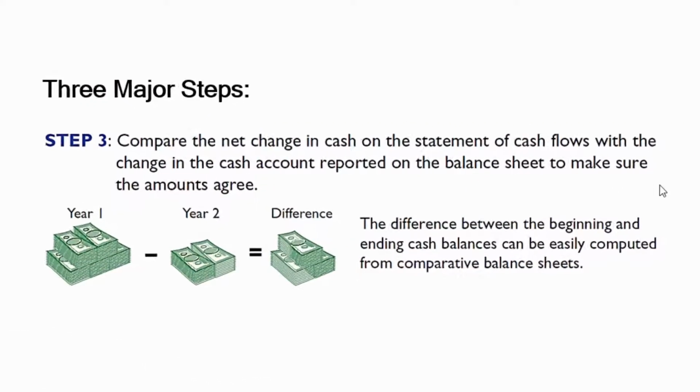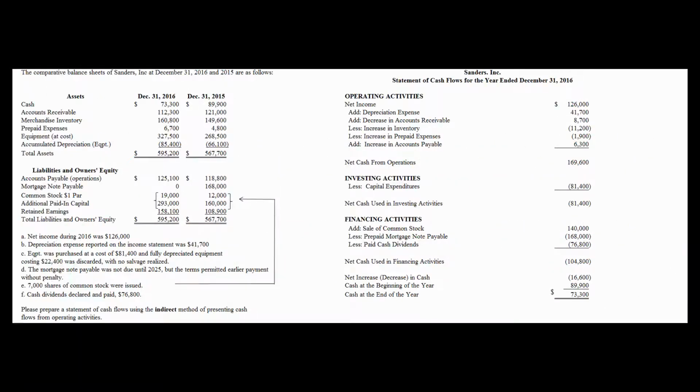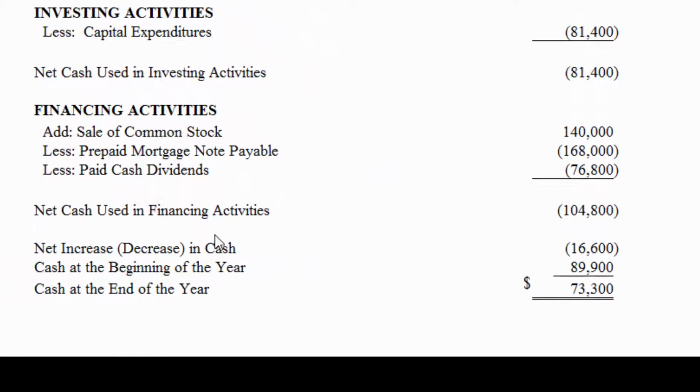And the third step, which could actually be our first if we want to cheat a little bit, make sure that the change in cash showing up on our statement of cash flows matches the change in cash on our balance sheet. And sure enough, 169,600 in from operating activities, 81,400 out from investing activities, and 104,800 out for financing activities gives us a net decrease in cash of 16,600 on a financial statement.